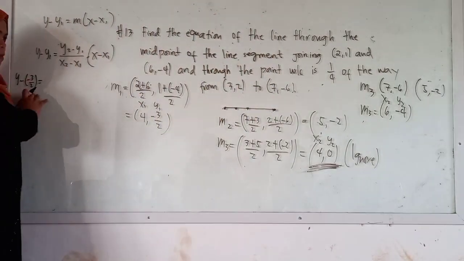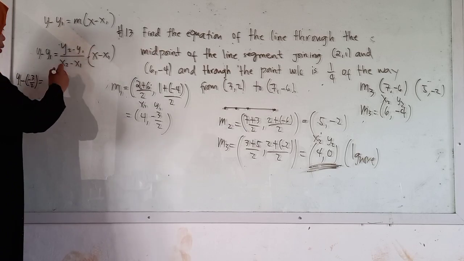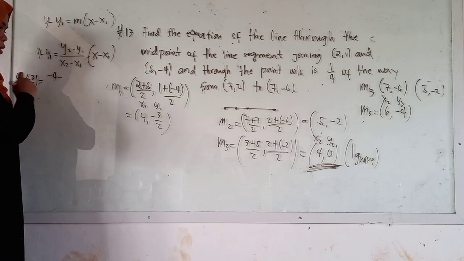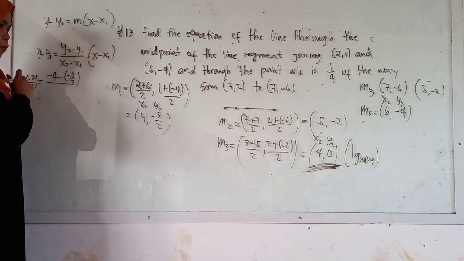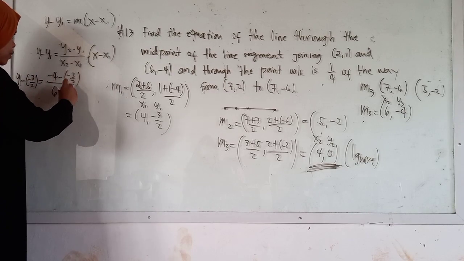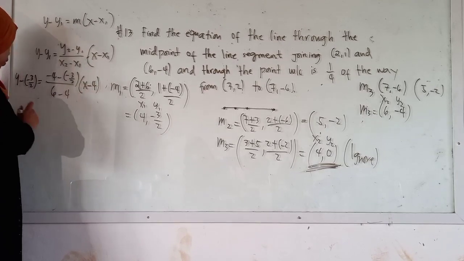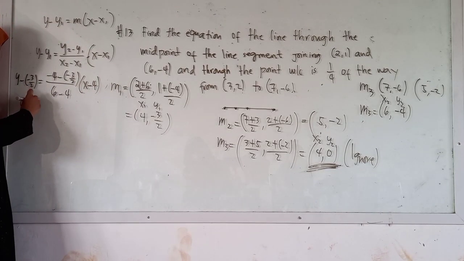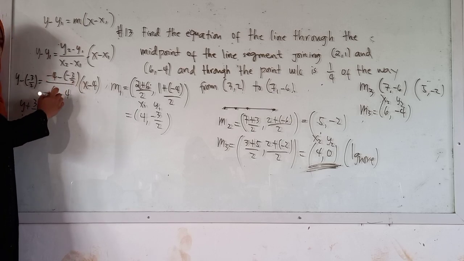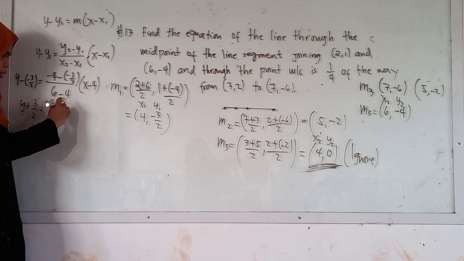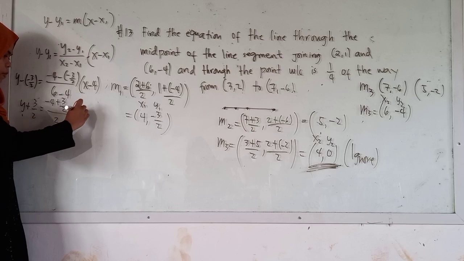Okay? So y minus negative 3 over 2 equals y sub 2, that is negative 4, minus y sub 1 is negative 3 over 2. X sub 2 ko ay 6 minus 4, and then x minus x sub 1 is 4. So this will be y plus 3 over 2 equals negative 4, negative times negative, that is positive 3 over 2, over 6 minus 4, that is 2, times x minus 4.